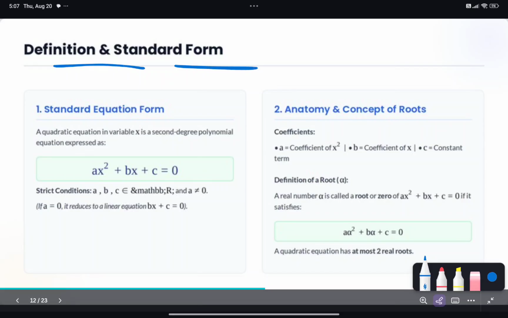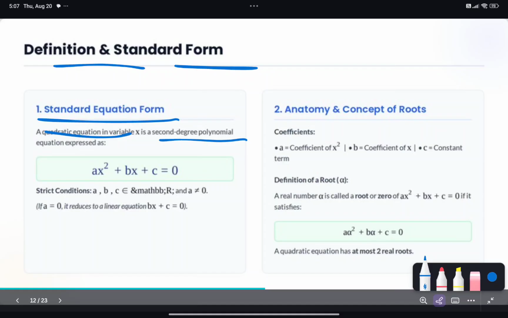Definition and standard form. A quadratic equation in a variable x is a second degree polynomial equation. What is the degree of this polynomial?